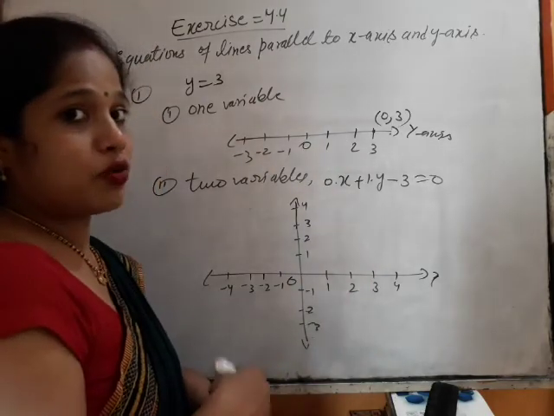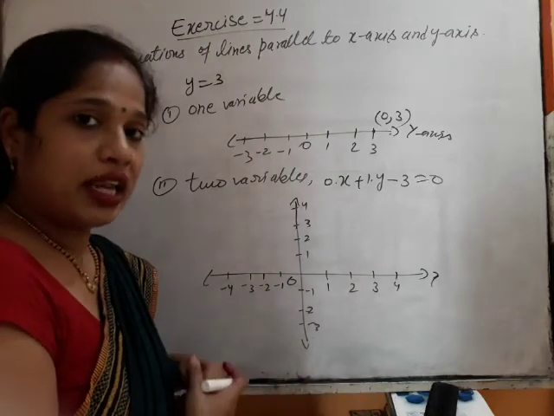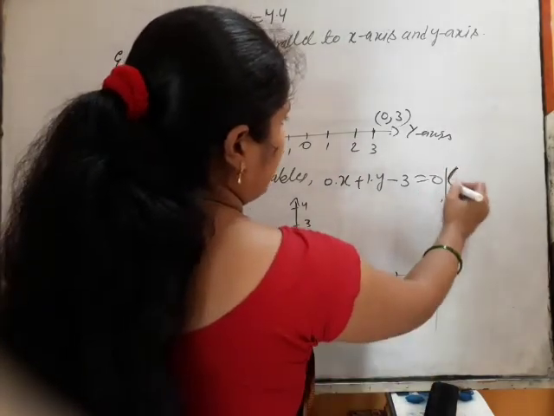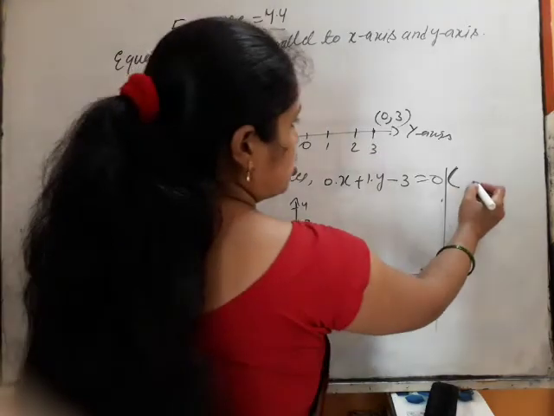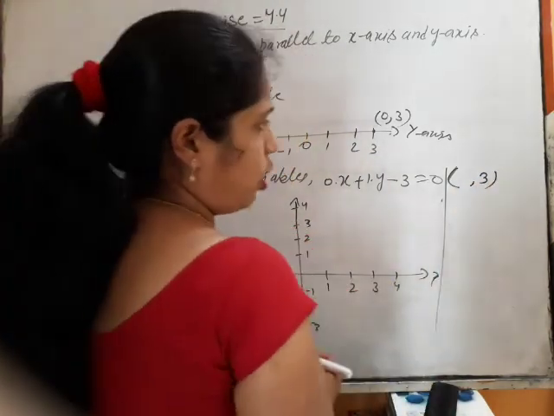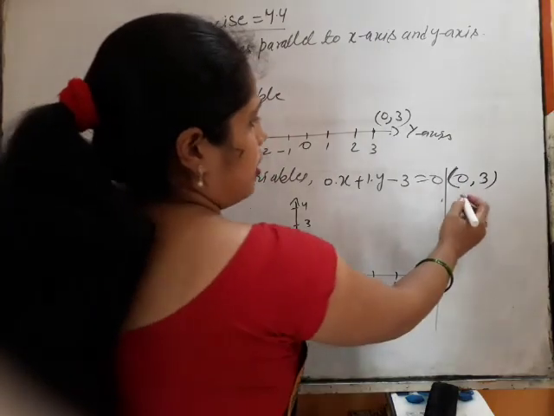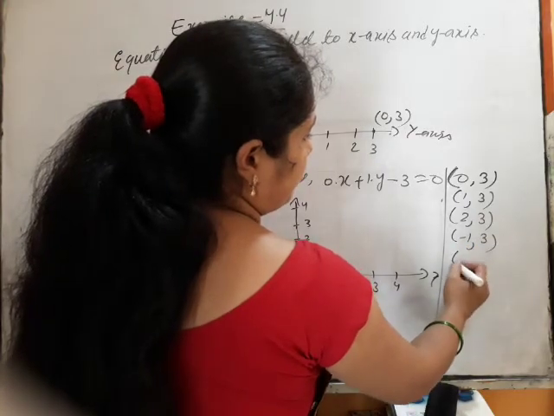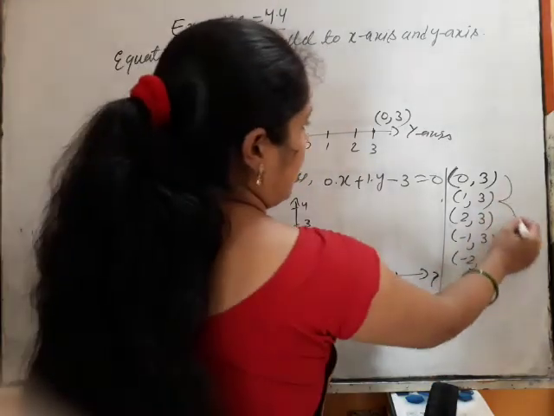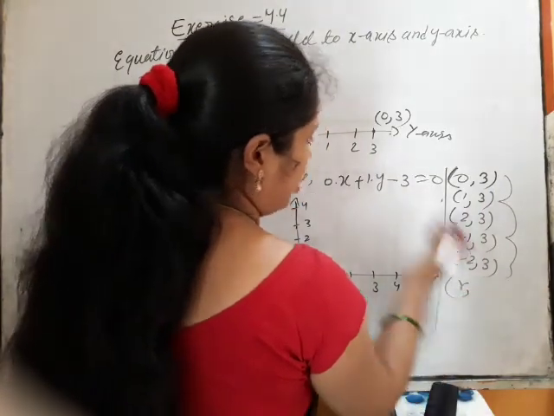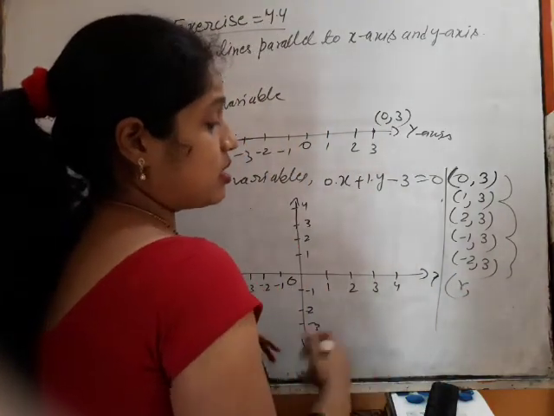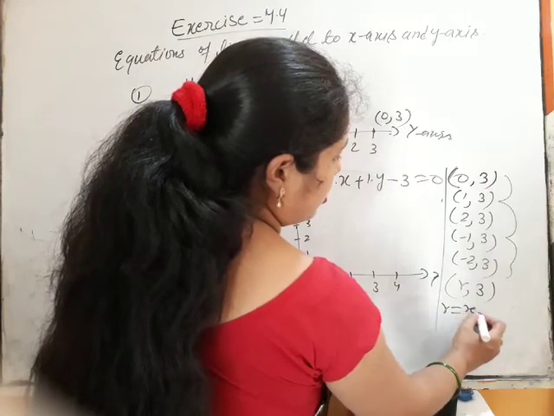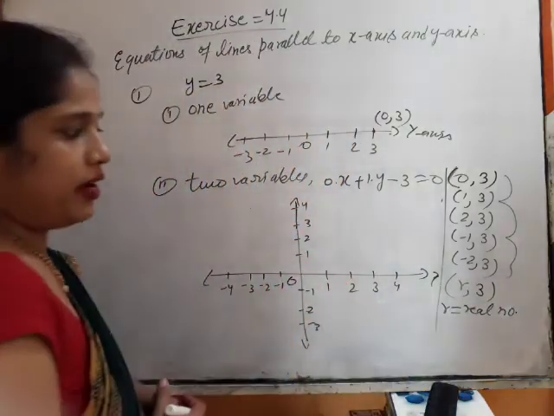When we were plotting x equals to something, we got a line parallel to the y-axis, so how will the different values look now? The value y equals 3, so our ordinate will be 3 always: suppose (0, 3), (1, 3), (2, 3), (-1, 3), (-2, 3). So our general form of solution, if y equals 3 is considered as a linear equation in two variables, is (r, 3), where r is a real number.